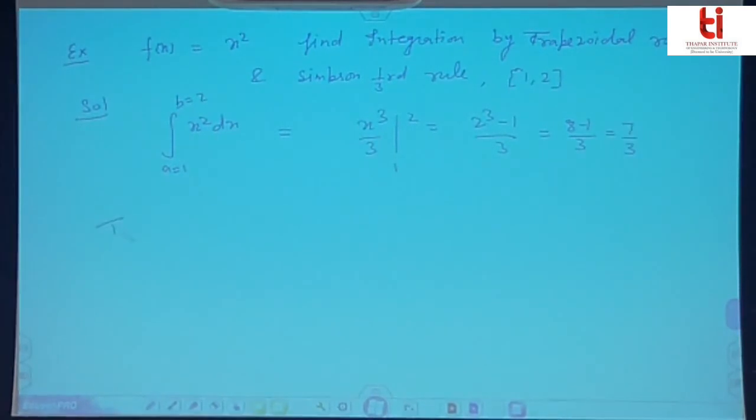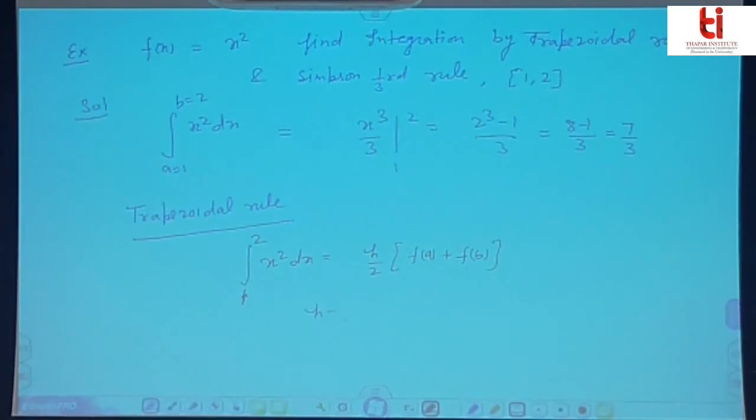Now the trapezoidal rule. So what is the trapezoidal rule? Integral 1 to 2 of x square dx equal to h upon 2 times (f of a plus f of b).